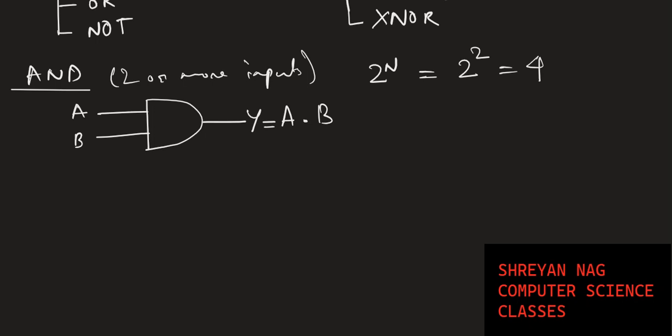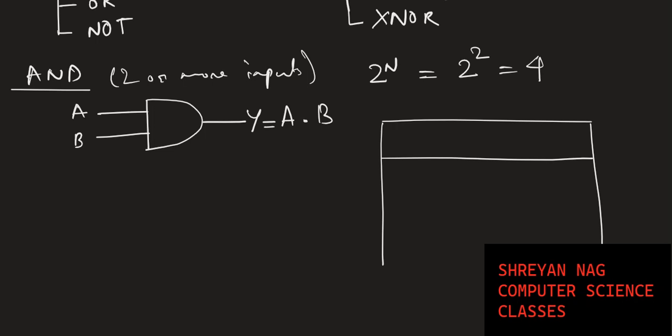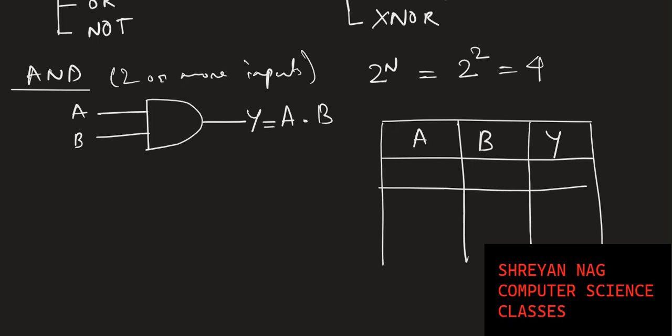If we draw the truth table, here is Y, B and A. There will be 4 different bit configurations.